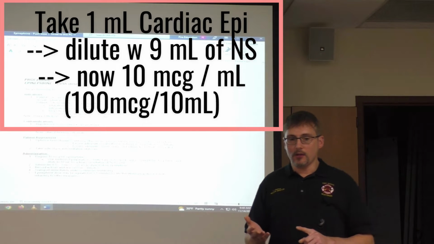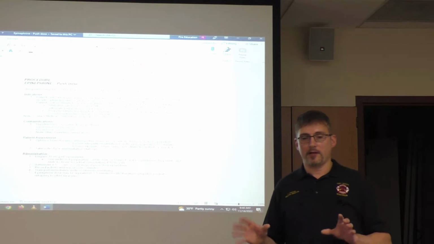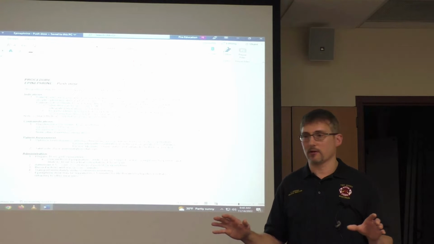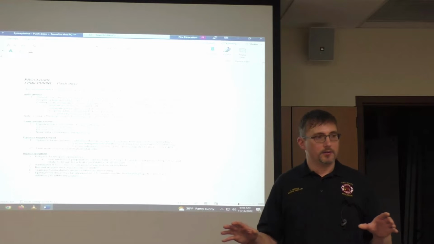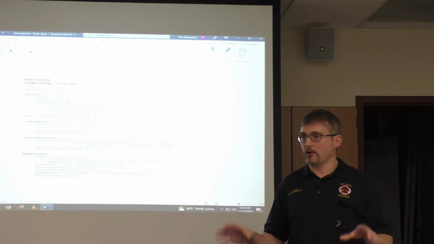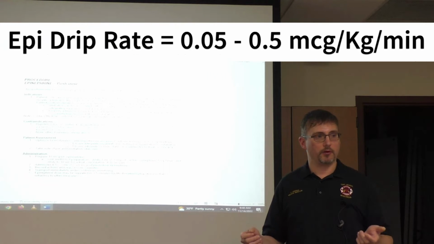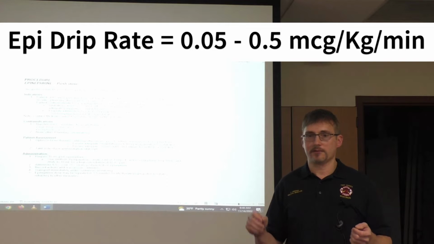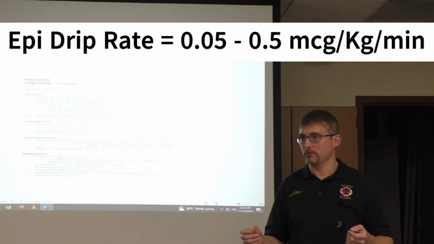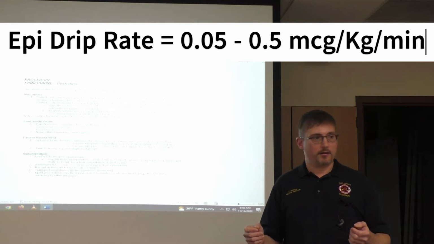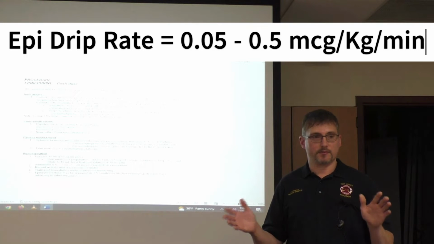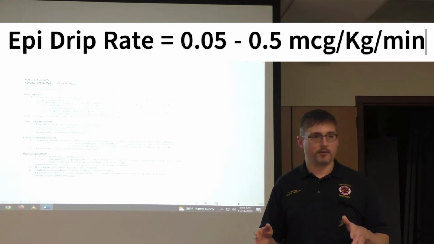So the other thing I want us to think about with epinephrine is, let's just say they were started on a drip already. A typical starting rate for a drip is 0.05 micrograms per kilogram per minute, okay? So you're looking at an average person, let's just, for ease of math, say they're 100 kilograms, right?